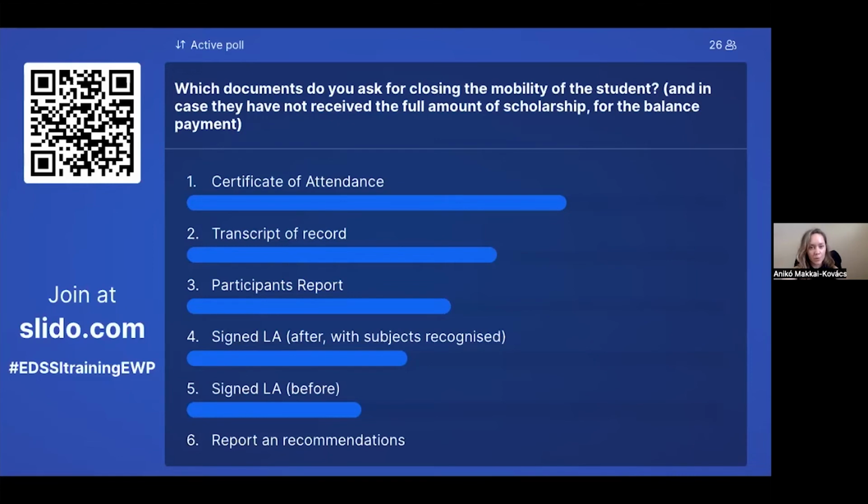The participant report is the requirement of the Commission. The learning agreement is a contractual attachment of the grant agreement in many cases. So I think all of these documents are very, very important to close the mobility of the student. So thank you very much for confirming this.